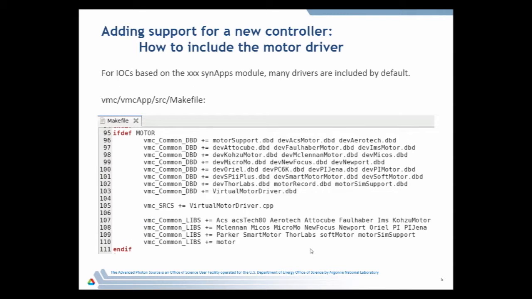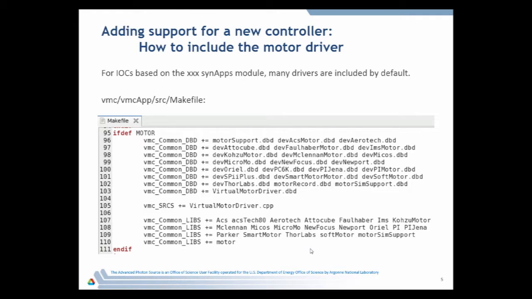So if your IOC is based on XXX, you have a makefile in your IOC source directory that contains all of these lines. And all of this motor support is included by default.